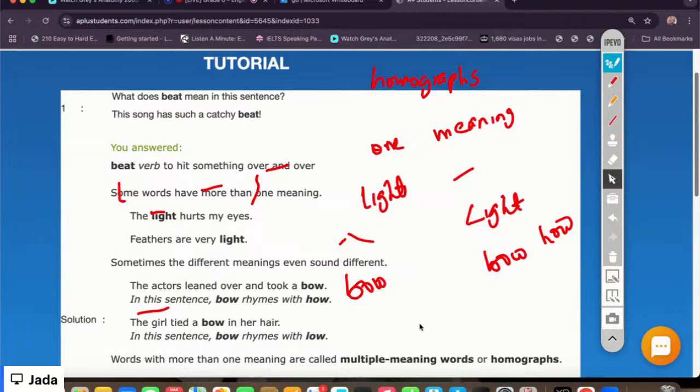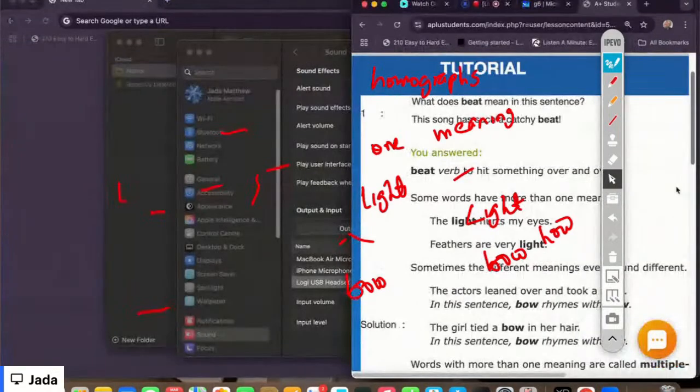All right, so what does beat mean in the sentence? "This song has such a catchy beat." Let's see what it means.